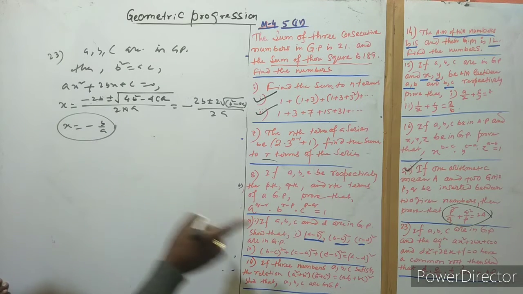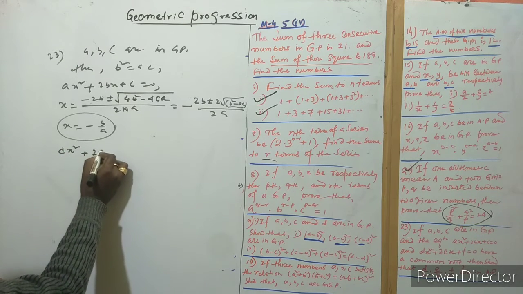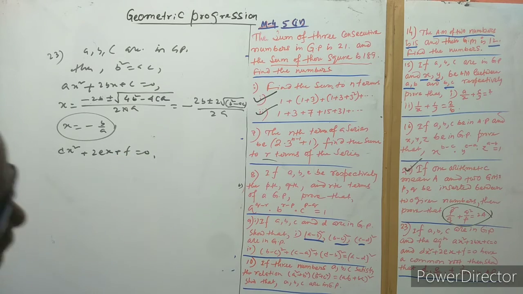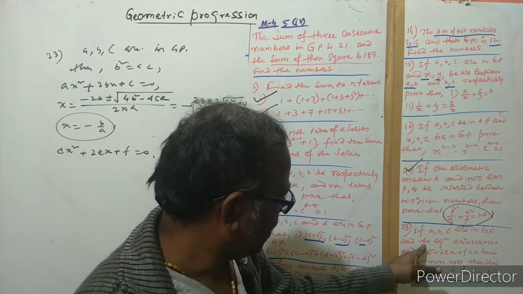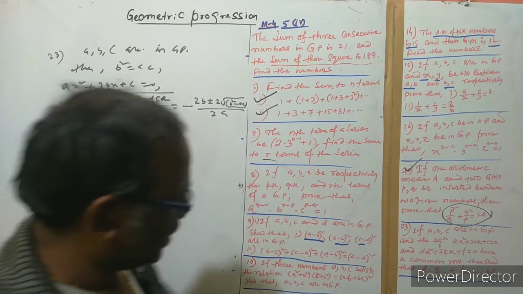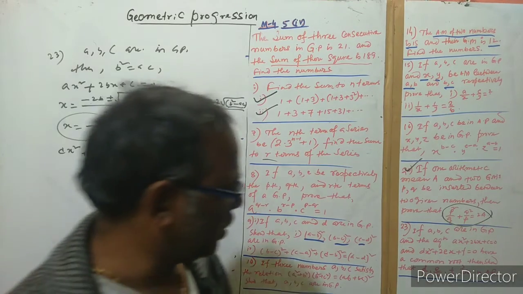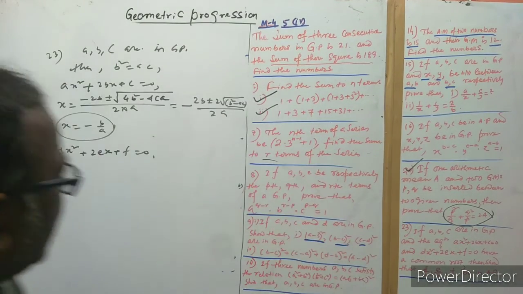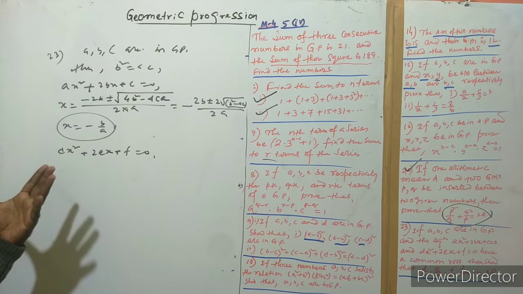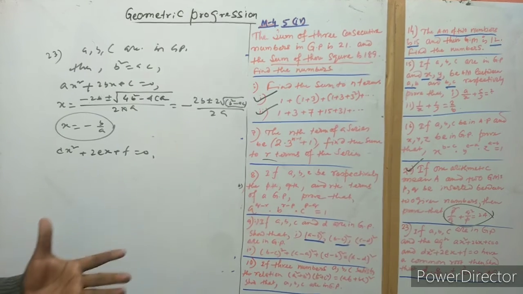The second equation is dx square plus 2ex plus f equal to 0. The two equations have a common root. Since b square equal to ac gives a single solution, x equal to minus b by a, this root will satisfy the second equation as both equations have a common root.